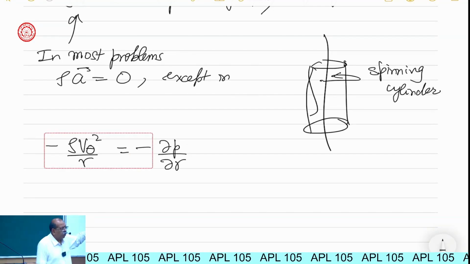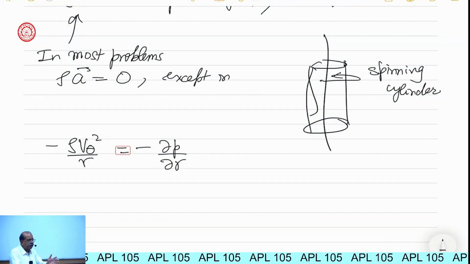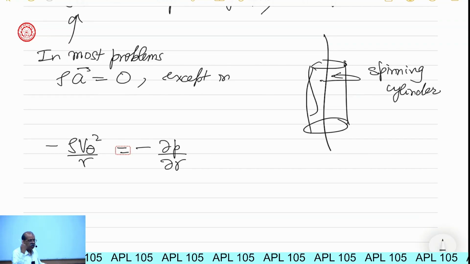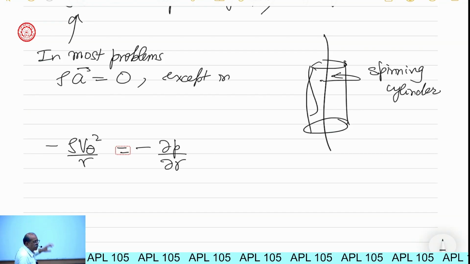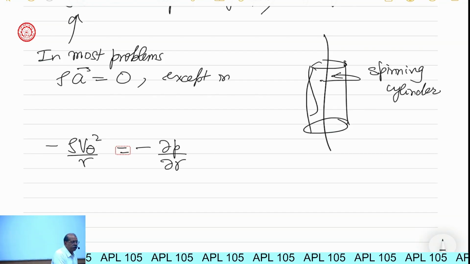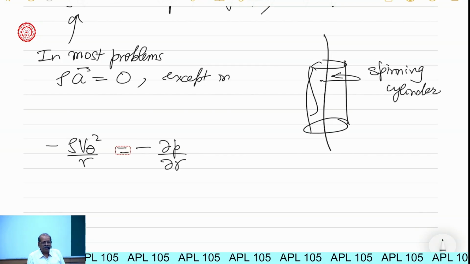Maybe there may be more terms depending on the problem, but in the spinning cylinder problem, where there is fluid in the cylinder or in a concentric annulus and the cylinder is spinning, there you get partial P by partial R is equal to rho V theta square. And this should not be surprising.